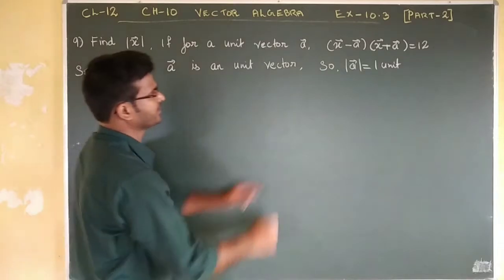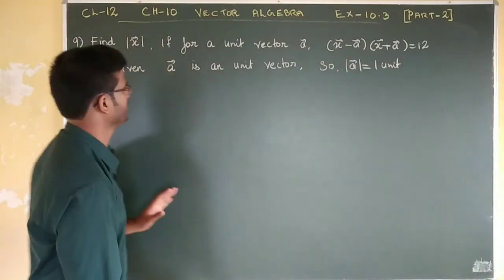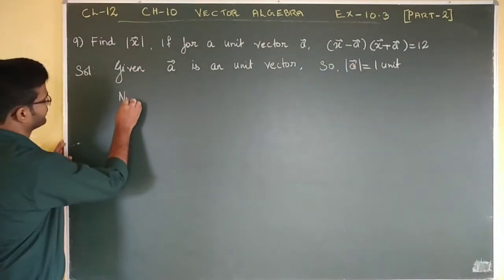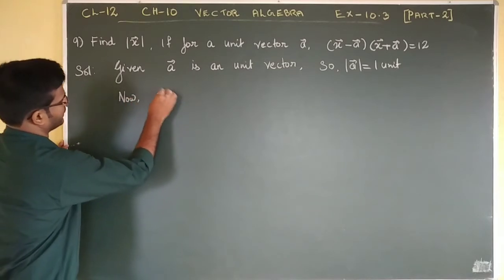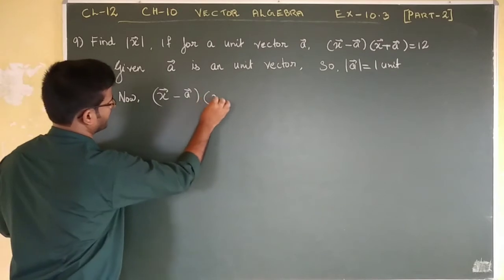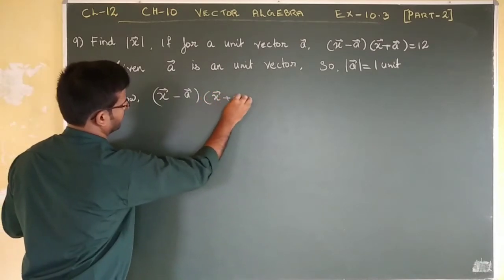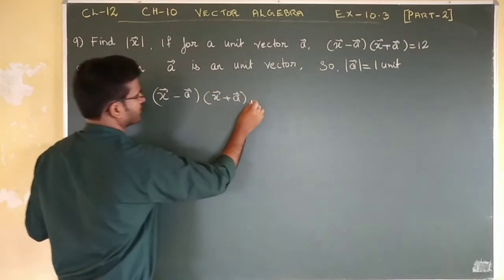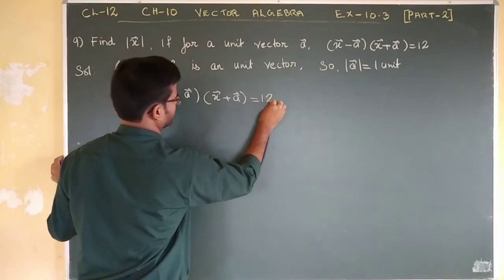Now one equation is given here, so we can write that equation first. x vector minus A vector into x vector plus A vector equal to 12.